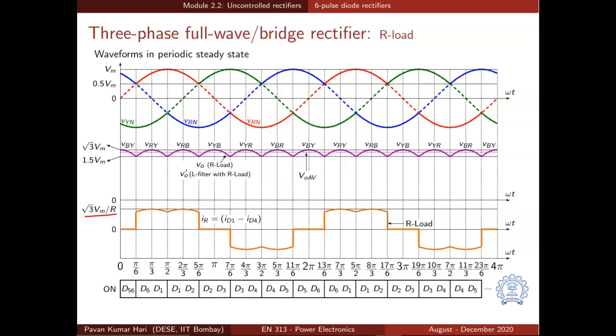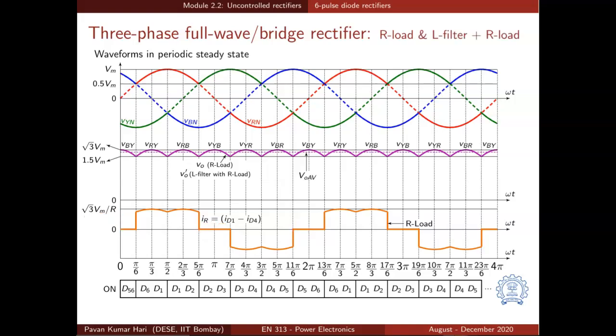It is root 3 Vm by R, because the peak value of voltage is root 3 Vm. The interesting point to note here is that the source current IR is 0 for 120 degrees in a line cycle. Why? Because neither D1 nor D4 conducts in these intervals.